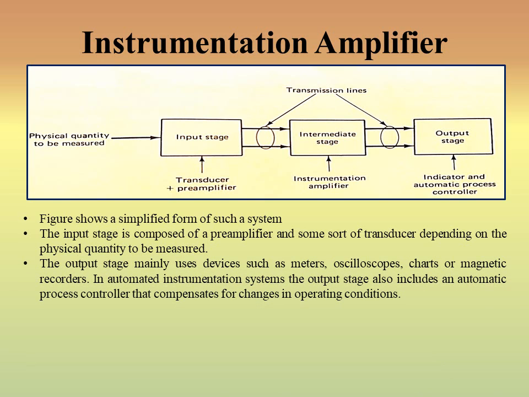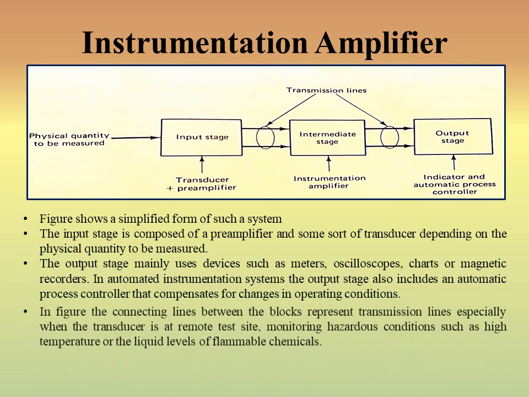The output stage mainly uses a device such as a meter, oscilloscope, chart or magnetic recorder, some type of device that we are able to read, and we can record the changes.